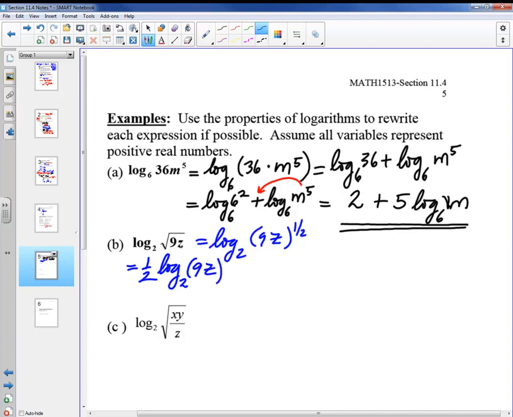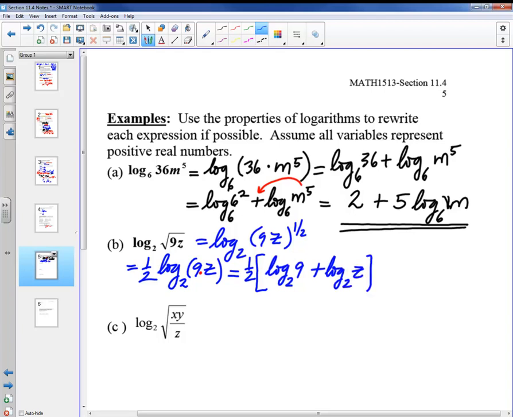That's okay. But if you break the log base 2 of 9z, because this really is a multiplication, then you're going to have to multiply by 1/2. So what I'm going to do is put the 1/2 times, and then in brackets, I'm going to break the log base 2 of 9z. So that would be log base 2 of 9 plus log base 2 of z.